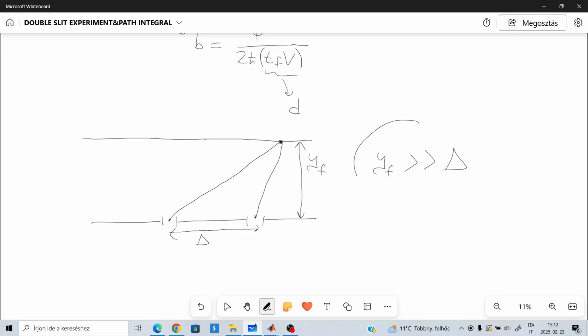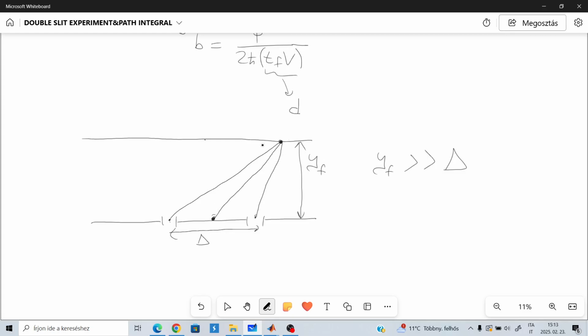What this assumption tells us is that, since delta is very small with respect to yf, these two lines are basically parallel to each other, okay? And it's as if I can consider this point, the middle between the two slits. So it's as if the particle can be considered as starting from here until it reaches this point.